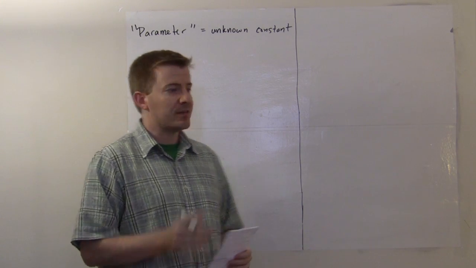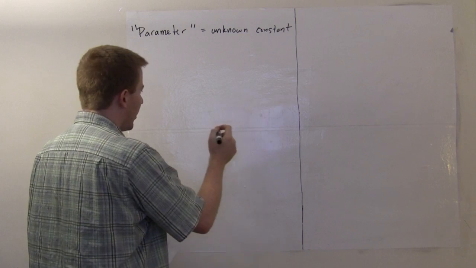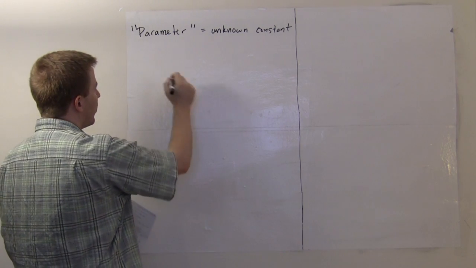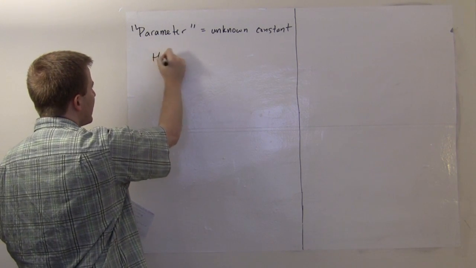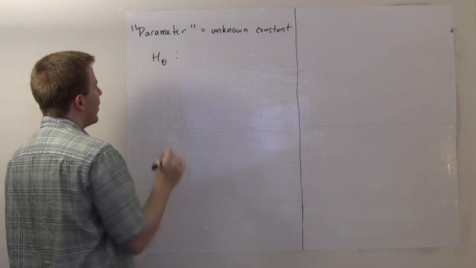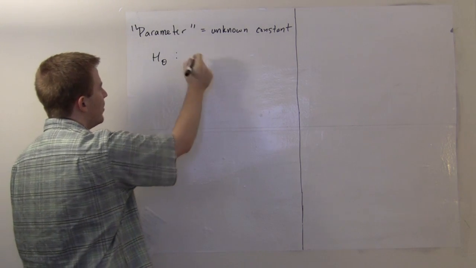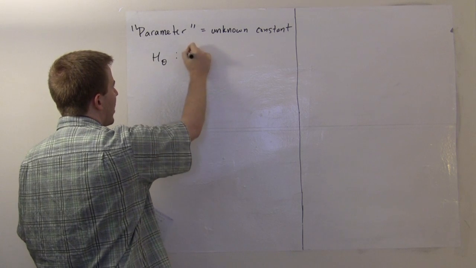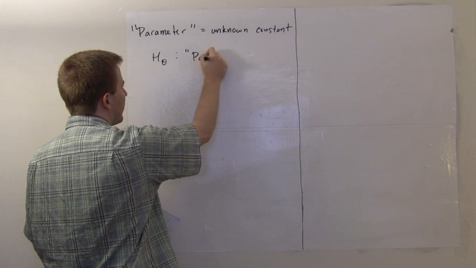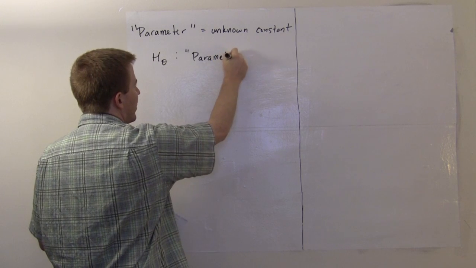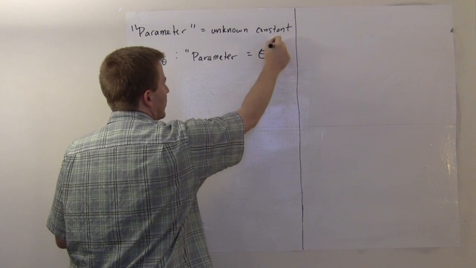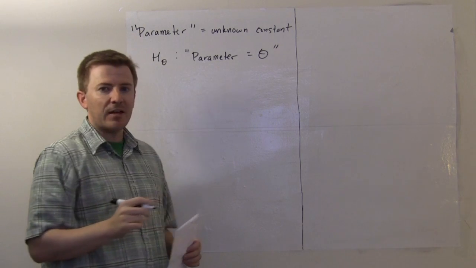The way that correspondence works is, let's call the hypothesis h theta, giving that name to the hypothesis that the parameter has, or is equal to, a particular value theta.